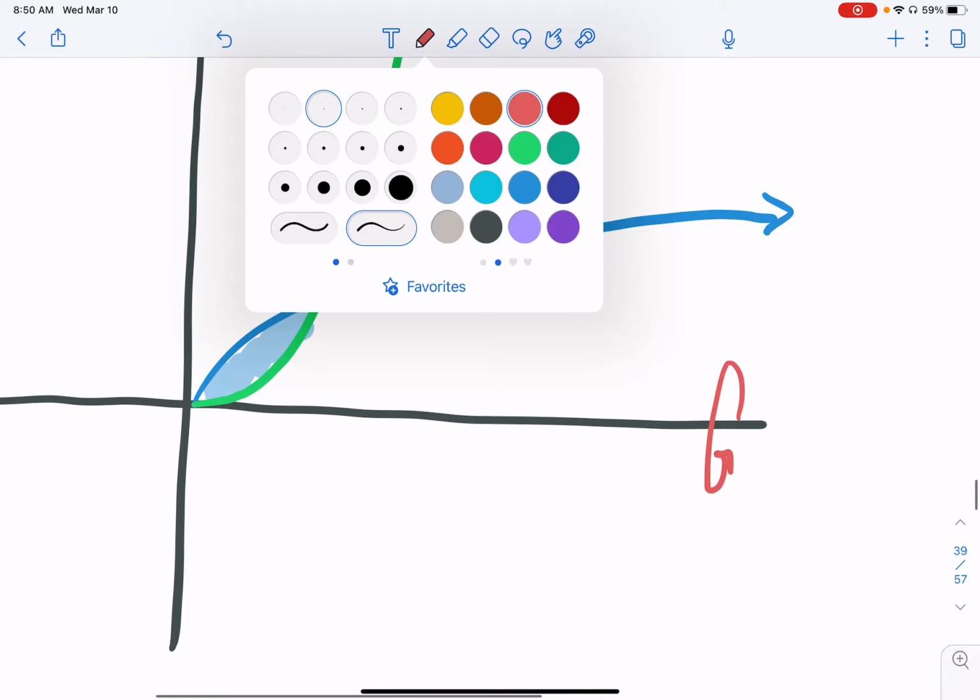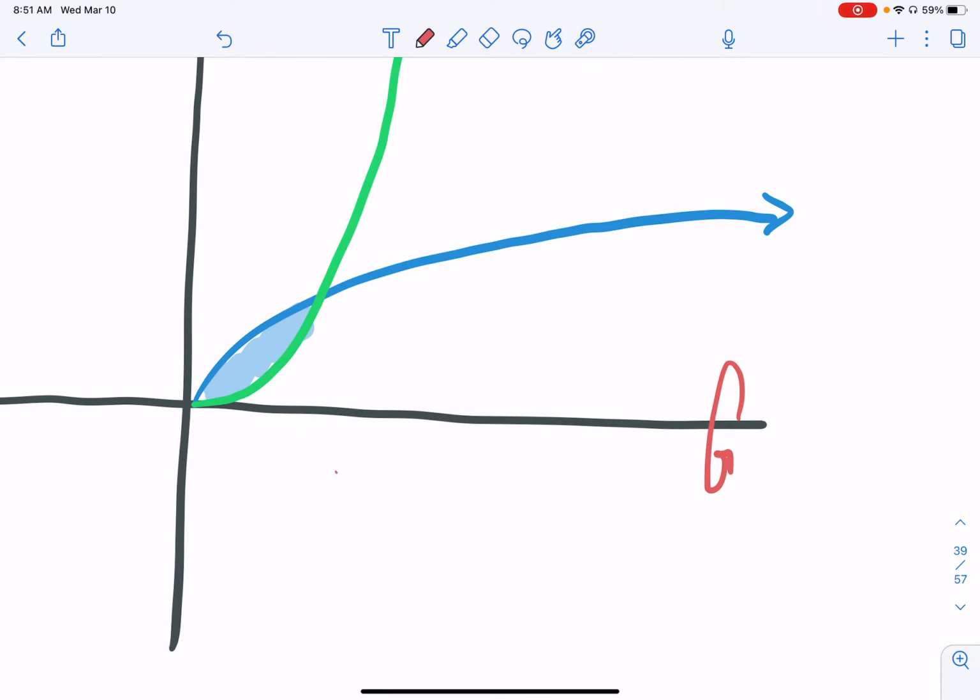Let's sketch in a representative rectangle. Since we have a vertical rectangle, because it's perpendicular to our horizontal axis of revolution, that means our height is going to be delta x, and by height, of course, I mean the width of that rectangle.